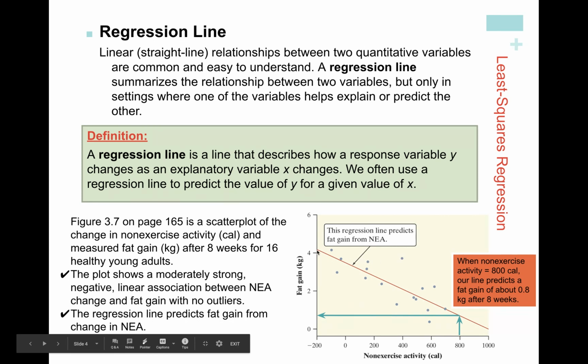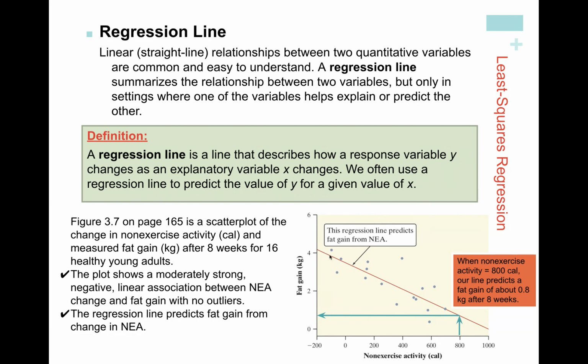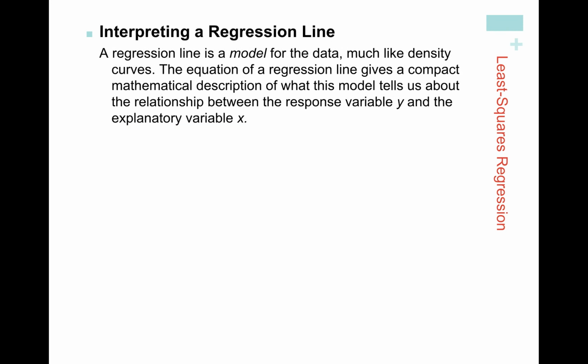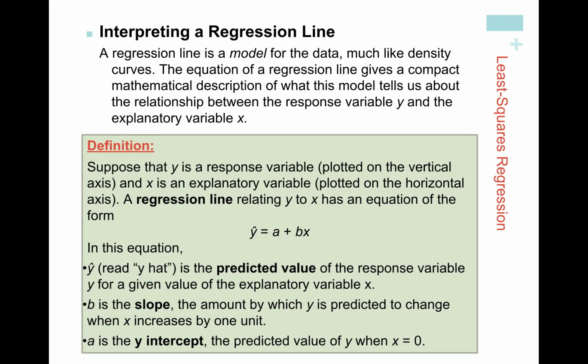This red line is where your y hat would be. All your y hats are on this red line. Y hat is the predicted fat gain, not the actual fat gain. So y is the actual fat gain, and y hat is the predicted fat gain.